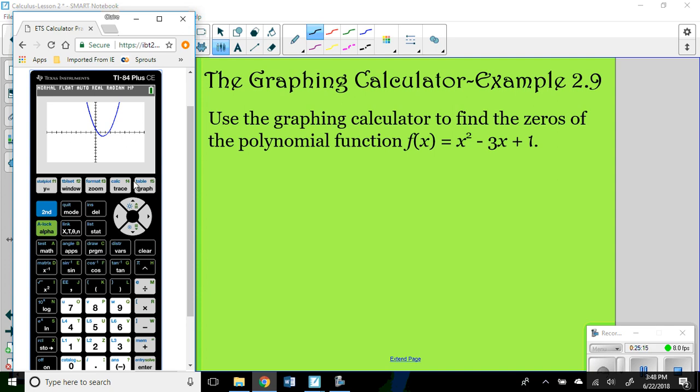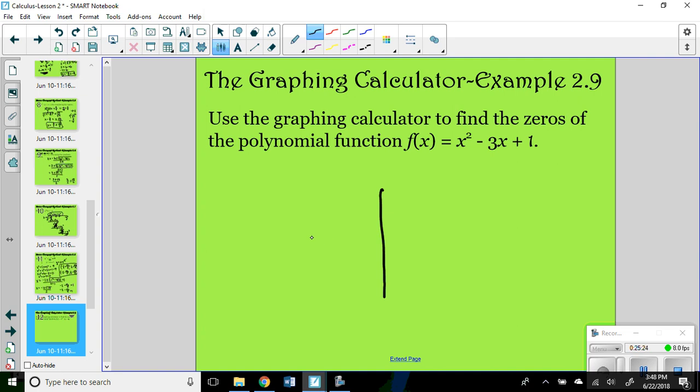If your graph doesn't look like that, go over to window, and you want your x min to be -10. So I'm going to graph for you real quick. Your x min is from here, your x max is to here. So we're going to go from -10 to 10. That's what we're going to say our window is.